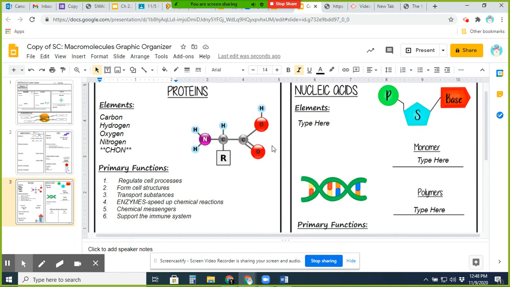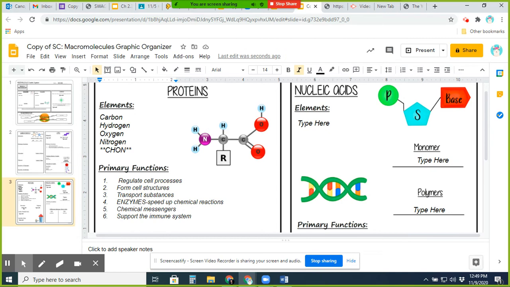This amino acid, building block of protein, has 3 distinct areas. We have the nitrogen side of the molecule, which is called the amino group. So the nitrogen side over here, the N and the 2 H's, we call the amino group.